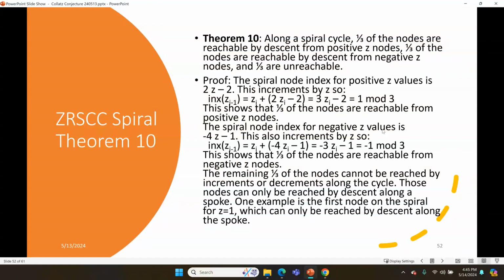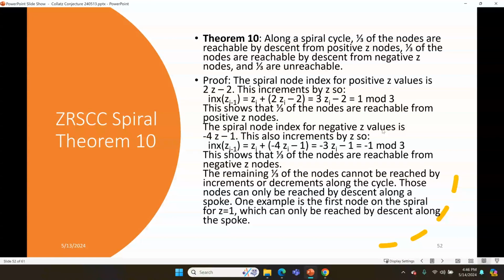So that says that 1/3 of the nodes are reachable by positive z values. The negative case works because the index is negative 4z minus 1. For negative z values, again, we add z to that to get the next index, which gives us an index of negative 3z minus 1.